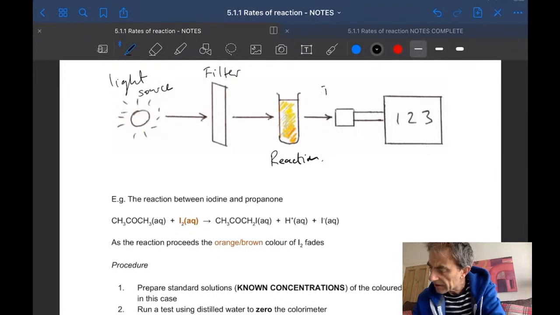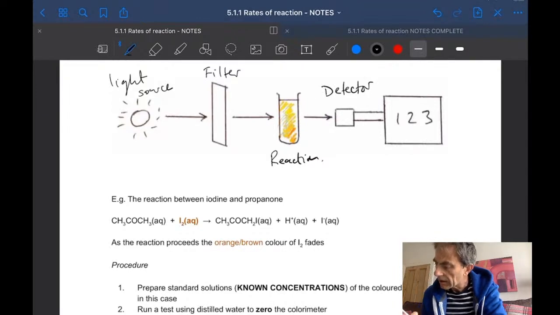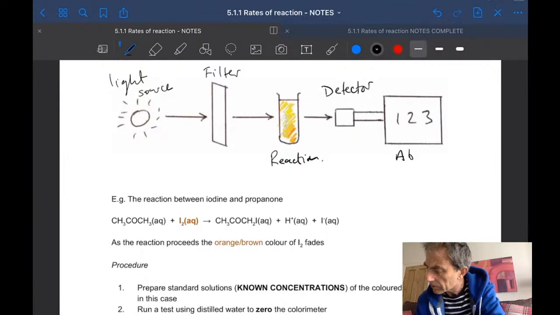We've got a detector on the other side of the reaction test tube, and this 1, 2, 3 is just an arbitrary number I've put in there, and this is the absorbance reading. How much of the original light source has been absorbed by the reaction vessel. Absorbance.